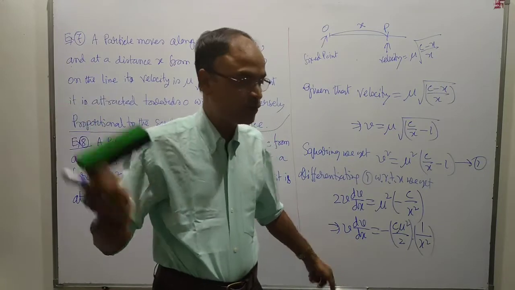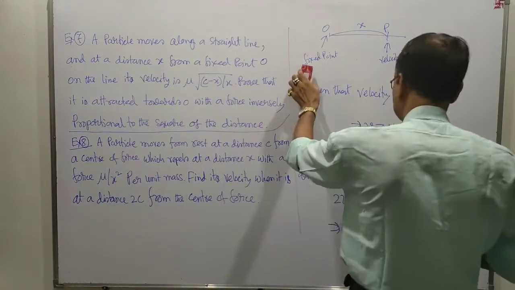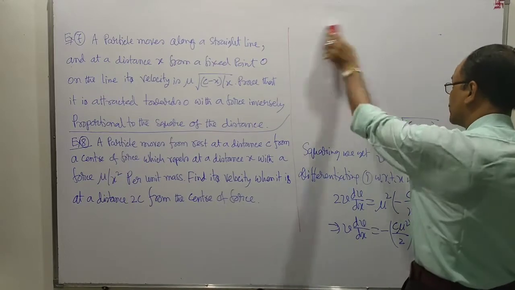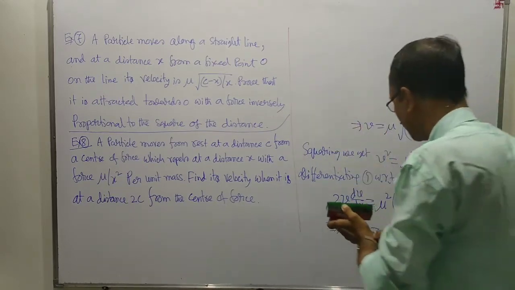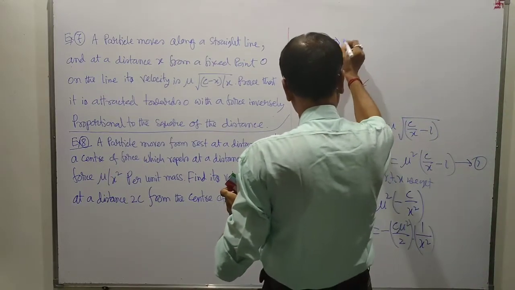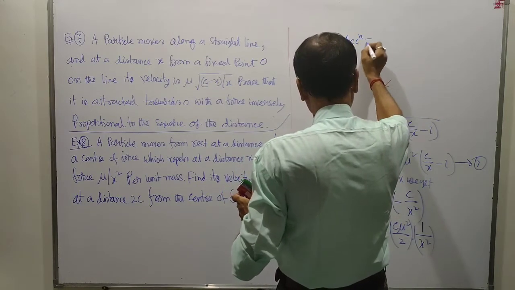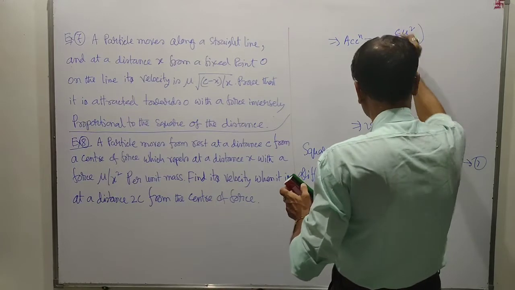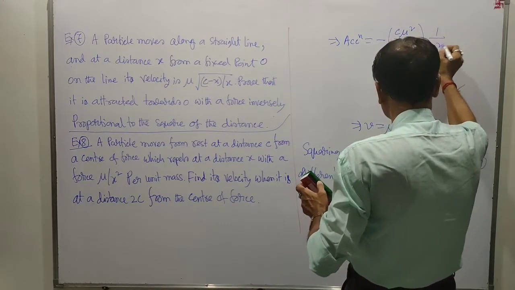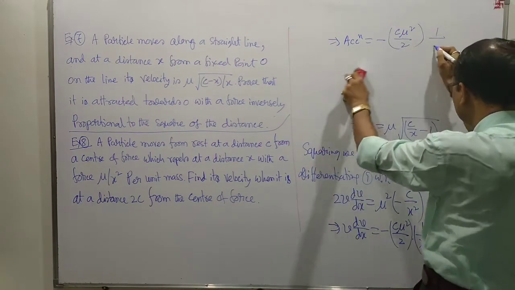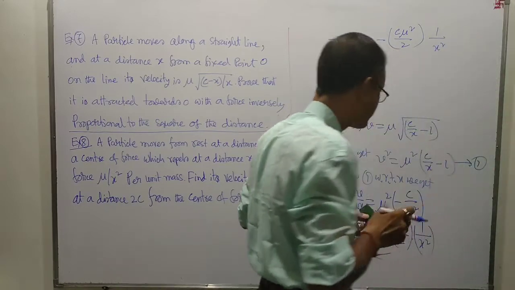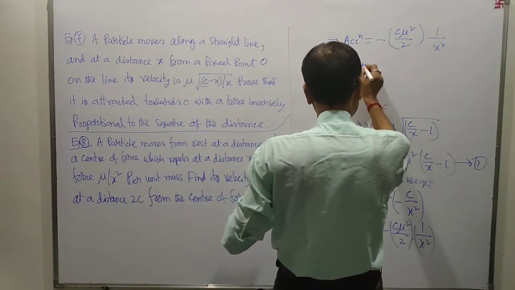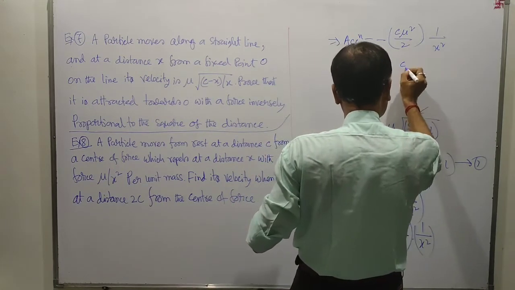In the last class I mentioned this. This means acceleration is equal to minus c mu square divided by 2 into 1 by x square. That is, acceleration means x double dot, it stands for acceleration.